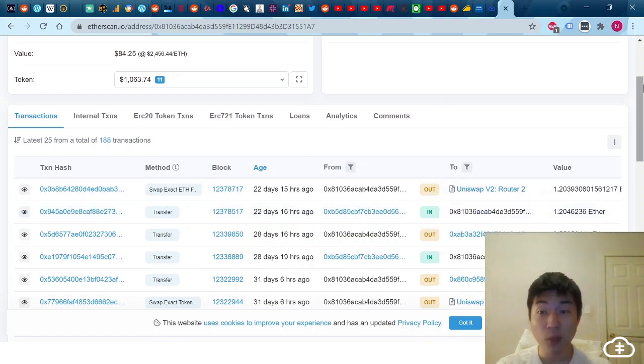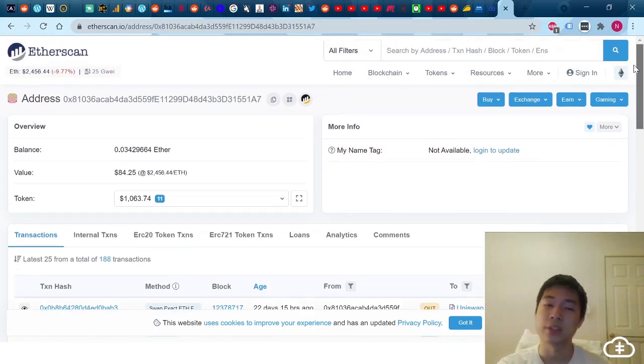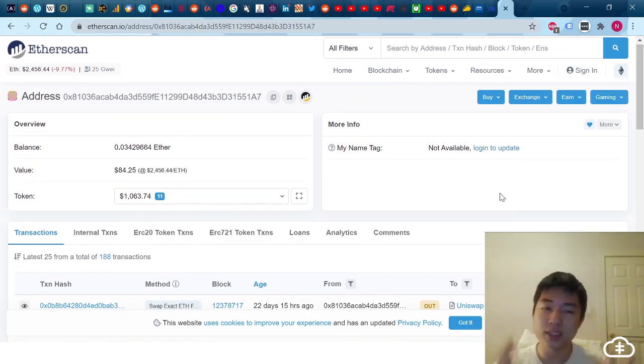So that's one of the things you can do with Etherscan. You can see who sent what to who, and you can track these addresses and gather useful information. That's a benefit if you're using the information to help yourself.